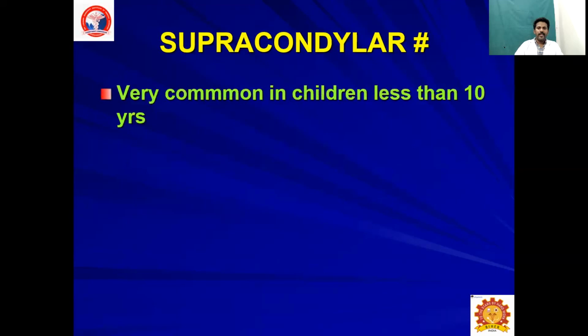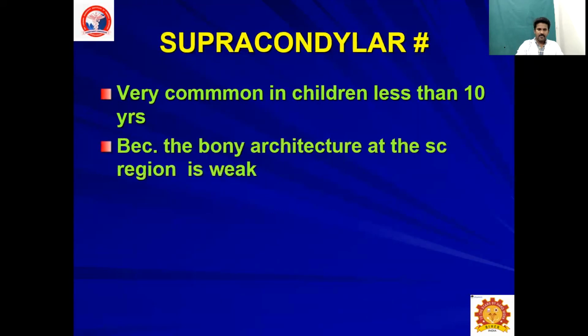Supracondylar fracture is very common in children less than 10 years, and mostly it is seen in the age group of 0 to 5. When the child starts walking, at the age of 9 months or 1 year, it is very prone to all external injuries due to frequent falls. And you must always think of the common fracture first.